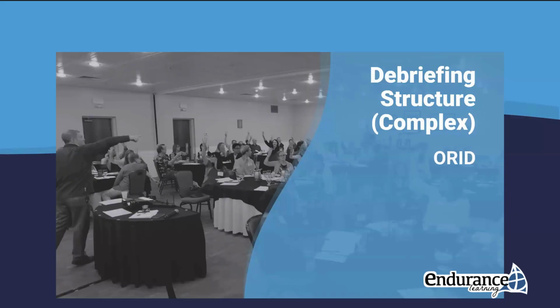that we just had. And one final way, and there's lots of different ways to structure debriefing, but I wanted to just give you a few samples of things that can go from simple to intermediate to complex. And the most complex one is represented by the acronym ORID, and this is developed by the Institute of Cultural Affairs.